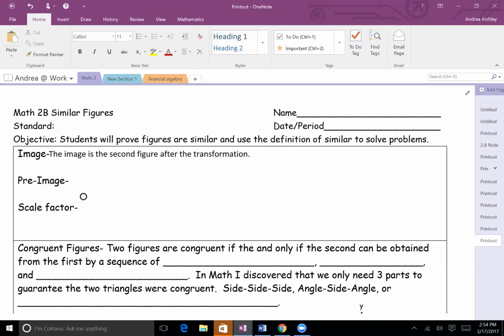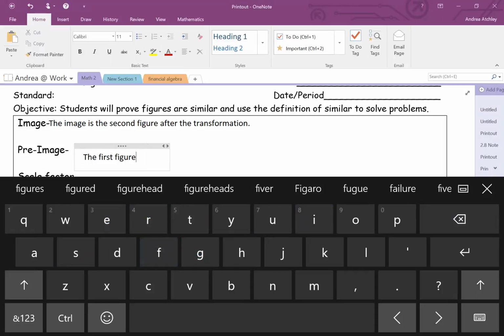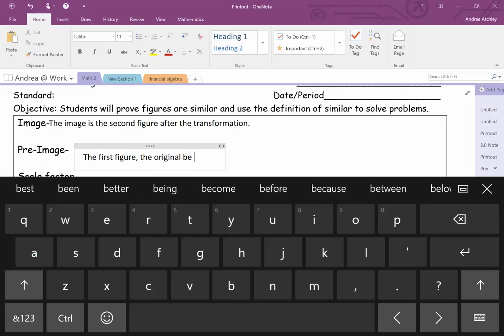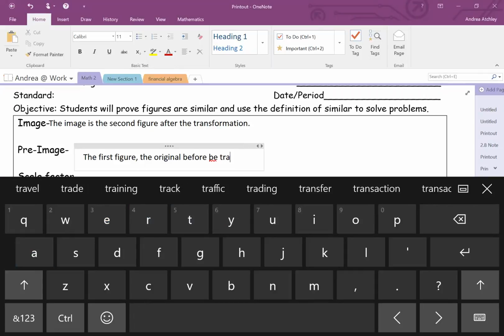The pre-image then is the first figure, the original, before the transformation.